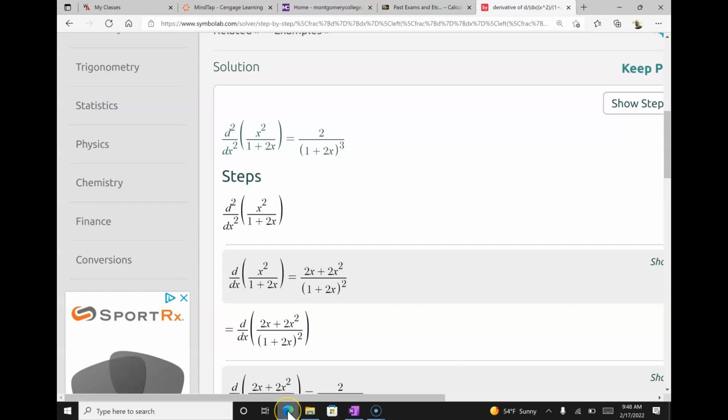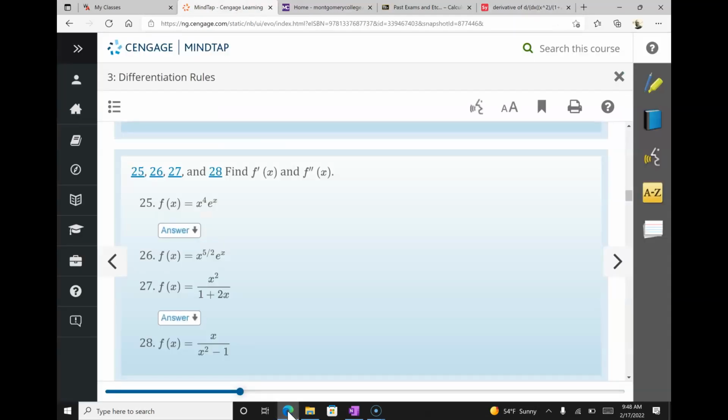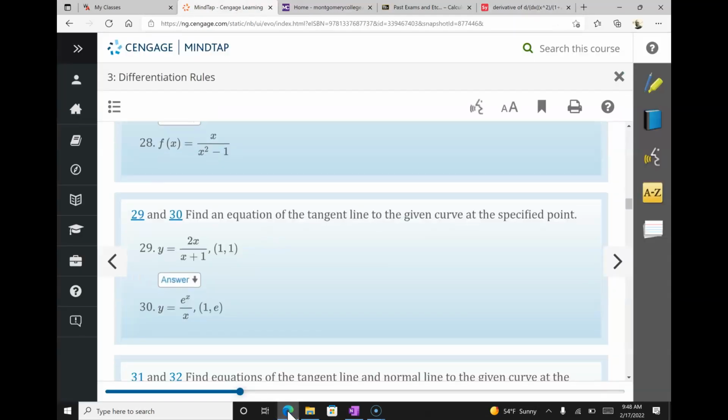Nice. Let's do another one. Let's find a tangent line here. Let's do number 29. Very similar to the one we just did, but we're just adding a tangent line to it, okay?